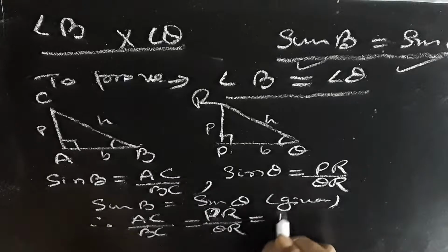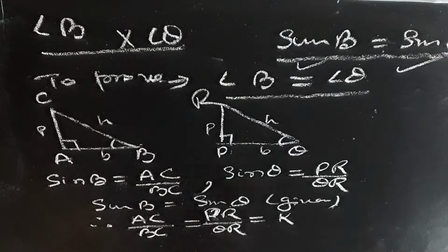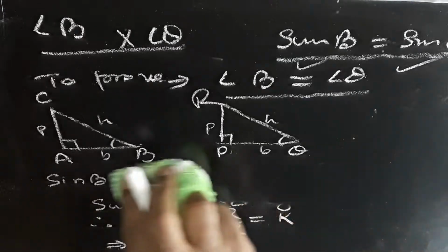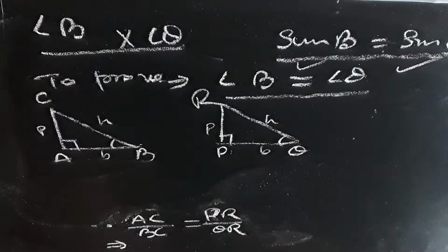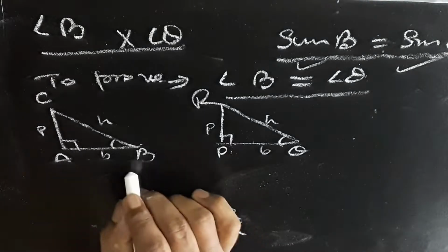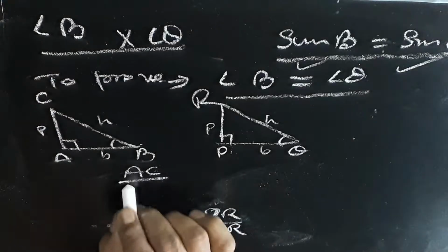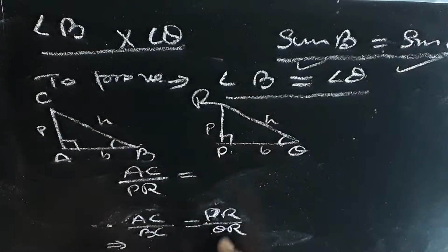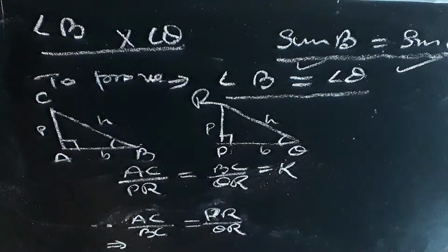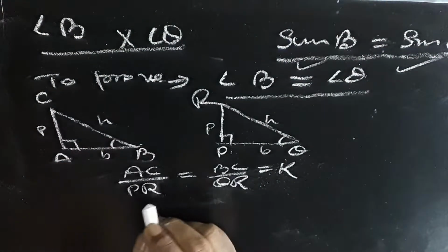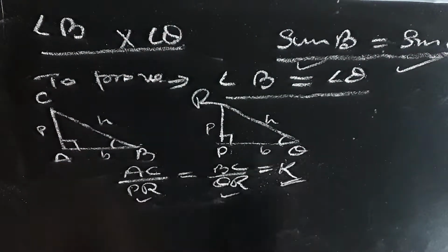We will take it as K. Now we can interchange these two. We have got AC upon BC is equal to PR upon QR. We will interchange this and it will become AC upon PR is equal to BC upon QR, and let it be equal to K. Take this is equal to K and this is equal to K separately.